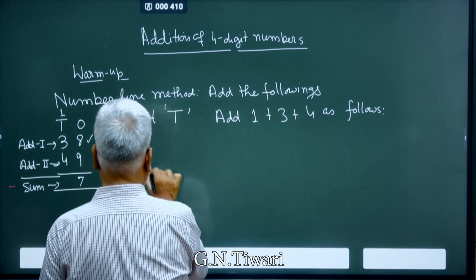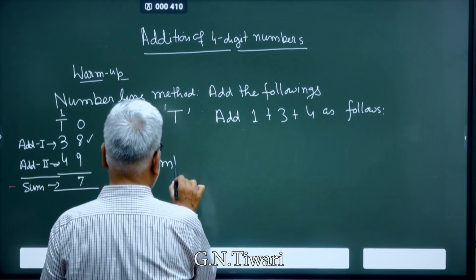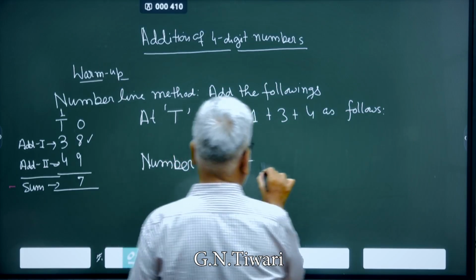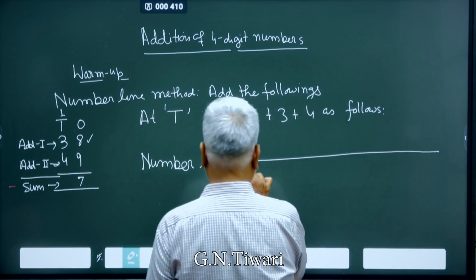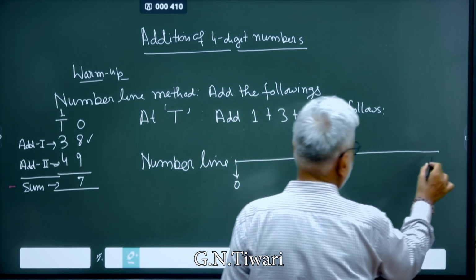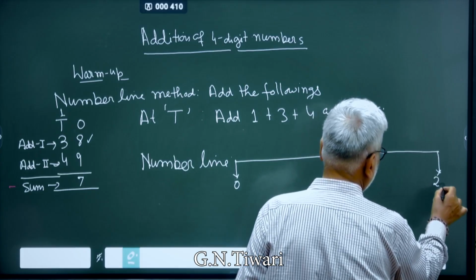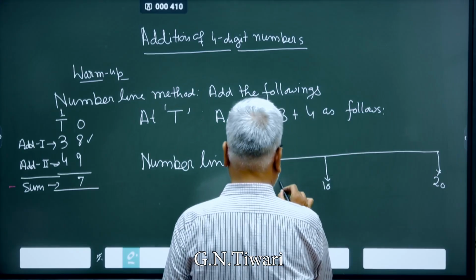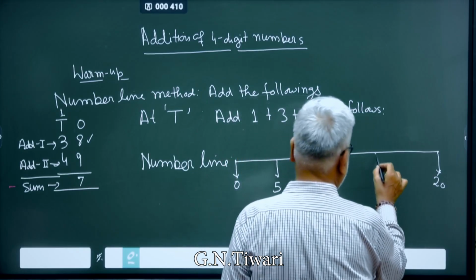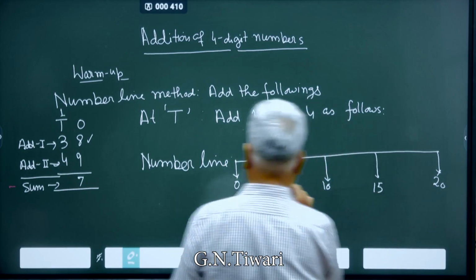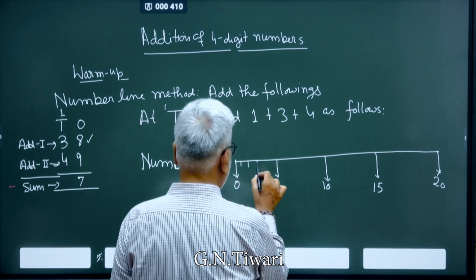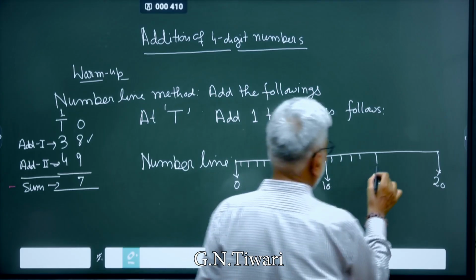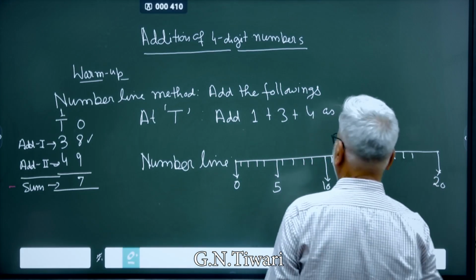Number line 0 to 20. Then 10, then 5, then 15, then divide into four parts each.